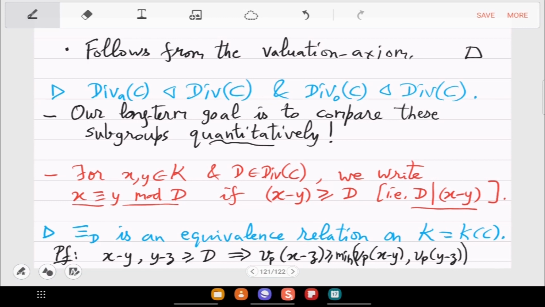Fine, so we will now define a more important object.